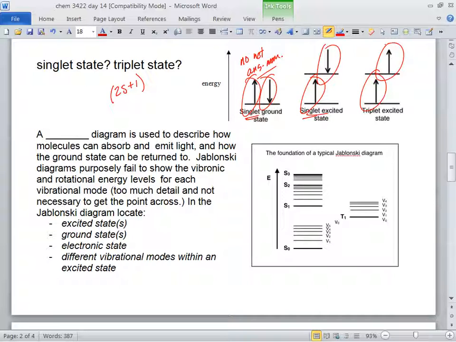Where's the ground state? Let's start with that one. Where would you point and say, that's the ground state? S0. We could label these A, B, C, D. Where would you label the ground state? S0, perfect, so there's my B. How about excited states?